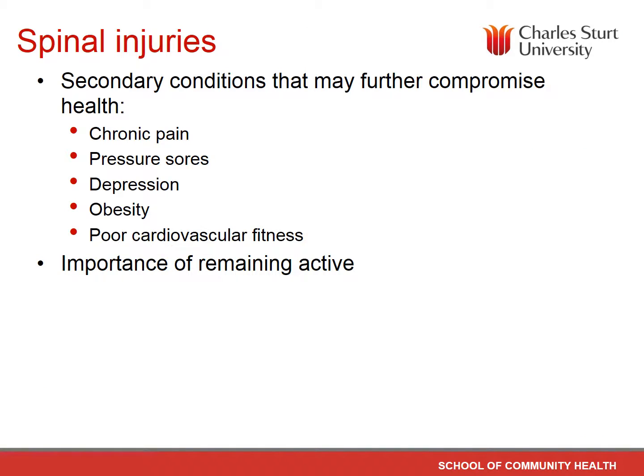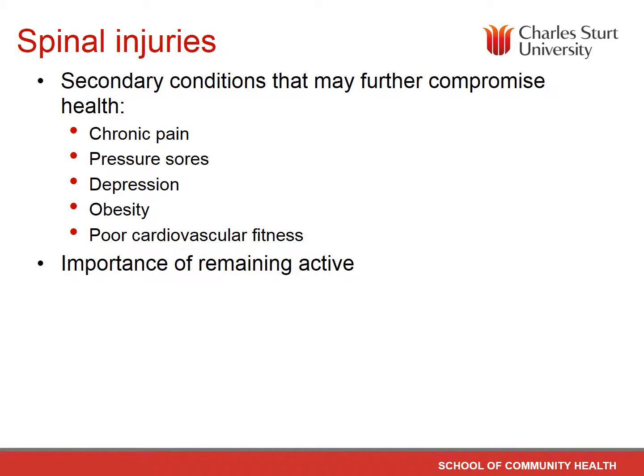Okay, now in addition to the spinal injury, there are a number of secondary conditions that may further compromise health of the person. Now, chronic pain can be a massive issue, pressure sores, depression, obesity, and poor cardiovascular fitness that comes purely through the detraining effects of the new, more sedentary lifestyle.